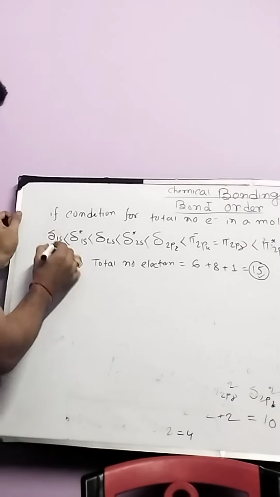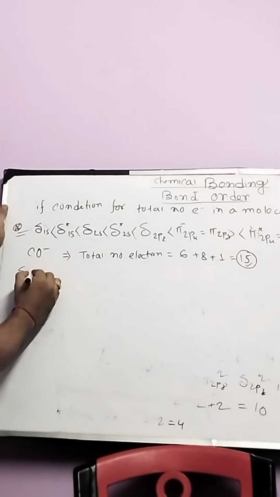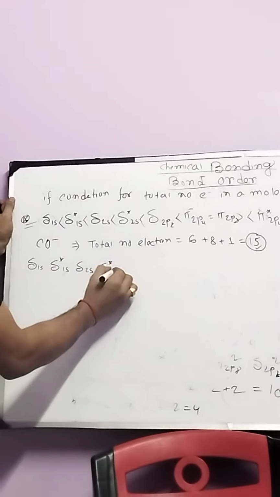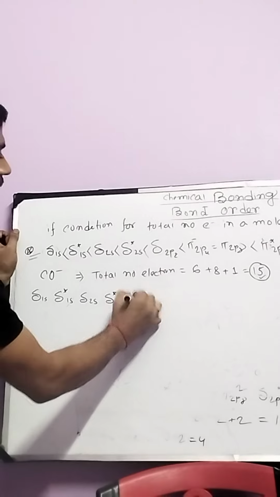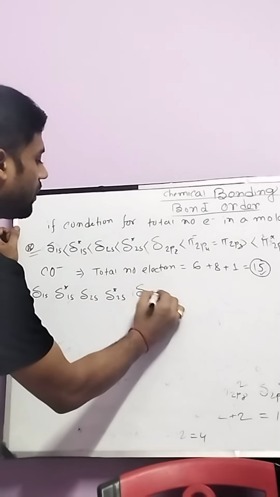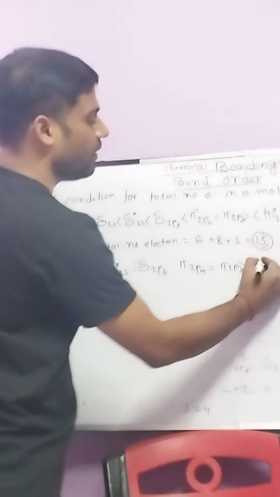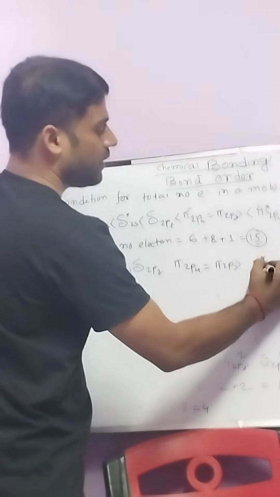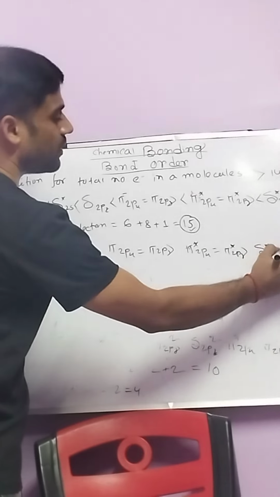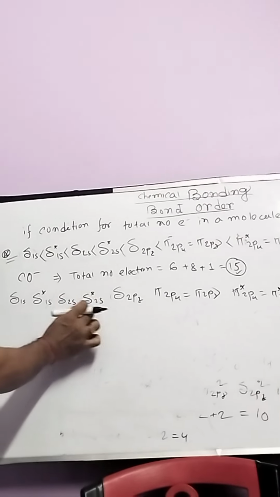So the arrangement of the molecular orbitals is sigma 1s, sigma star 1s, sigma 2s, sigma star 2s, sigma 2pz, pi 2px equal to pi 2py, then pi star 2px equal to pi star 2py, and finally sigma star 2pz. Each molecular orbital can contain a maximum of 2 electrons.